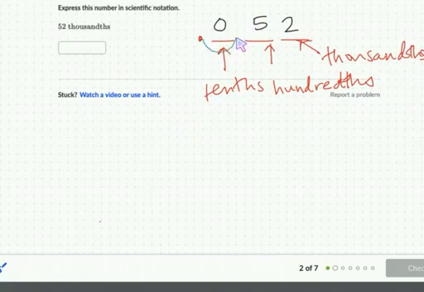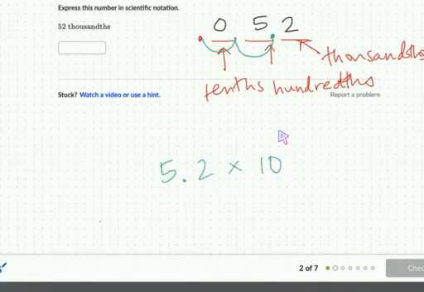If I move it over once, it's just 0.52. That's not good. Move it over twice, I get 5.2. That's good. That's a number between 1 and 10. So it becomes 5.2 times 10 to the, this is 2 spots, and it's a decimal, so it's negative. 5.2 times 10 to the negative second power.